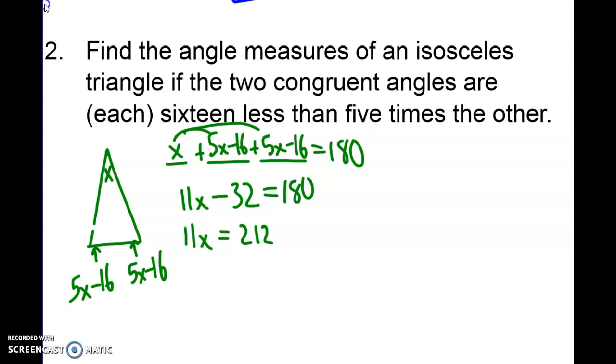Divide by 11. And I didn't set this up properly because I end up getting 19.27 repeating, which is fine. It's not the cleanest answer, but that's what x is.